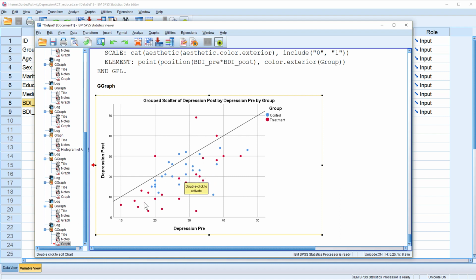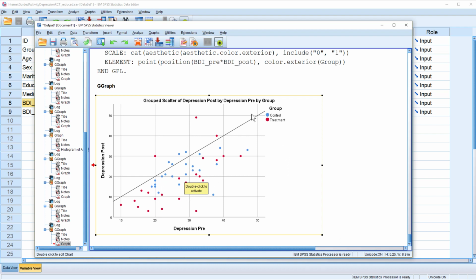So if we only had a treatment group, we wouldn't know if this drop in depression was due to the treatment, or due to having done the test a couple of times, or due to the gap between the pre and post measurements, or who knows, a change in the weather. So we have the control group, and we can see that the control group also dropped, but they didn't seem to drop as much. That's what it's looking like.